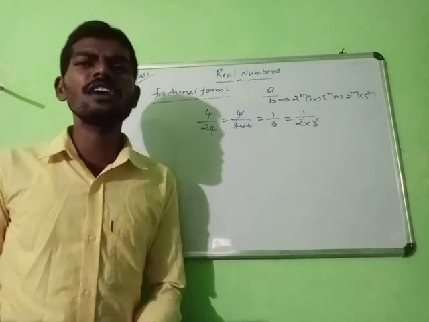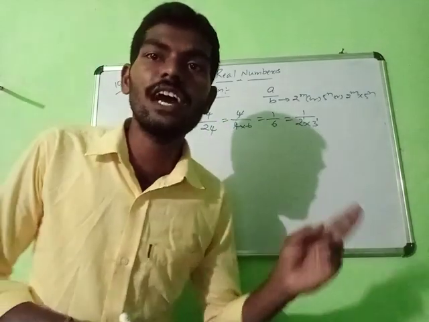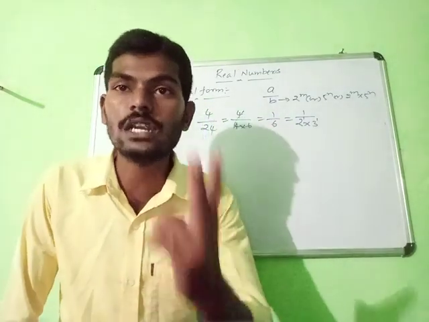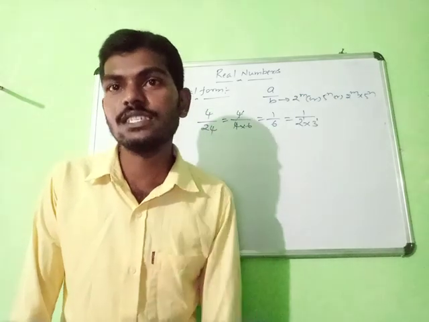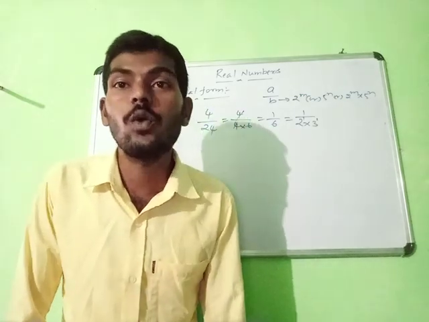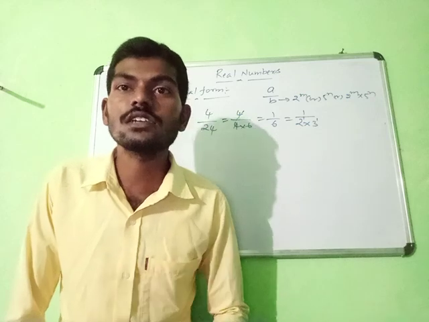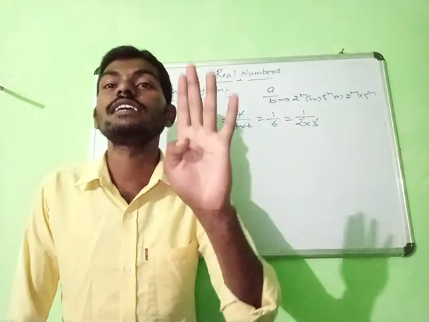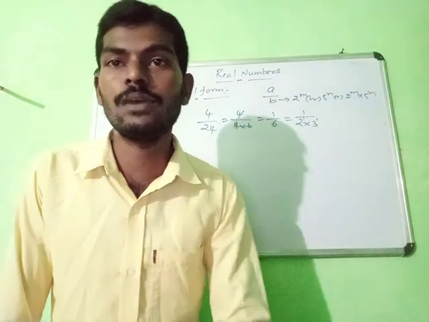What form is there in the denominator? Compulsorily only 2, or only 5, or the product of both 2 and 5. If only this is there, it is always a terminating decimal number.